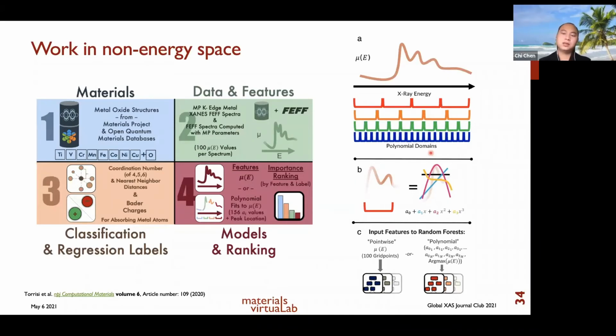Subsequently, they use a random forest model to make the prediction based on the fitted coefficients instead of the intensity. I think one advantage here is that the intensity itself is very sensitive to noise, but once you do some fitting, that will reduce the noise level to some extent. This is also similar to the idea of using a Fourier transform signal to make the prediction.